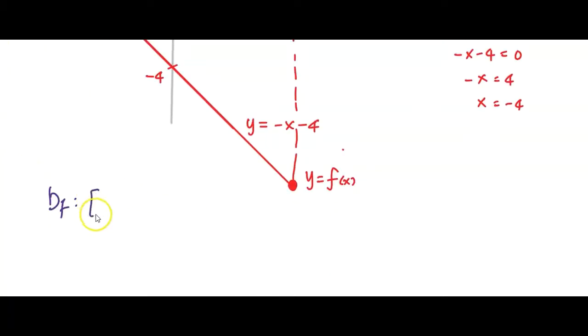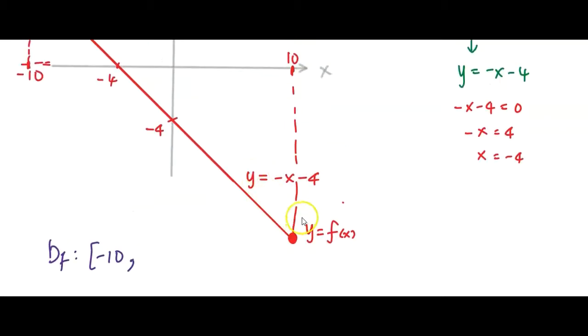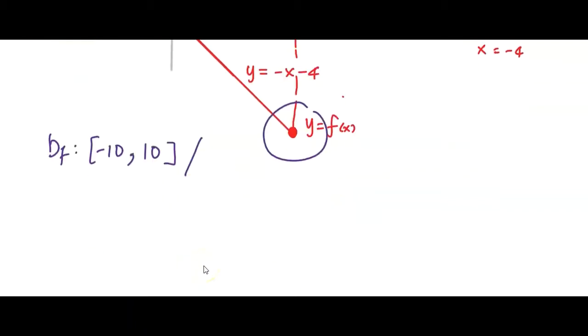So the domain starts from -10 until the point which is closest to the right, and its x value is 10. So we just write down 10. Or you may present your answer in the set form, that is, x is in between -10 and 10, including both values, x double dot, and close it with the set.